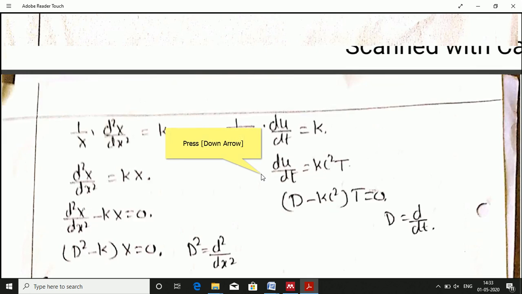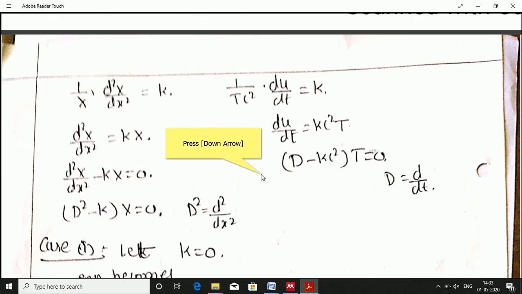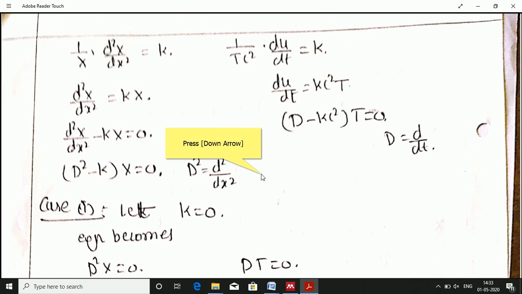It is not u, it should be capital T. Now we are solving these two equations for various values of k.